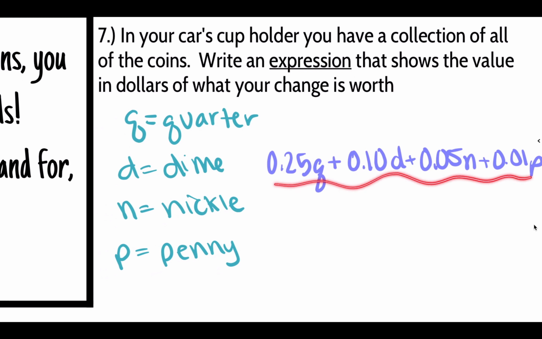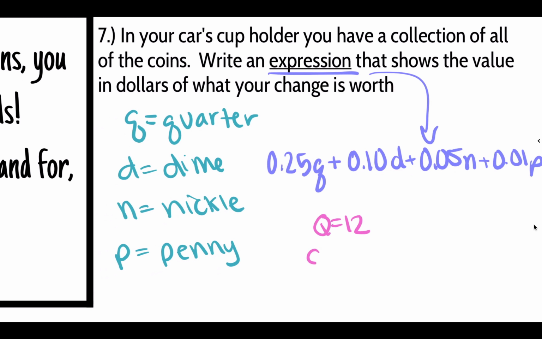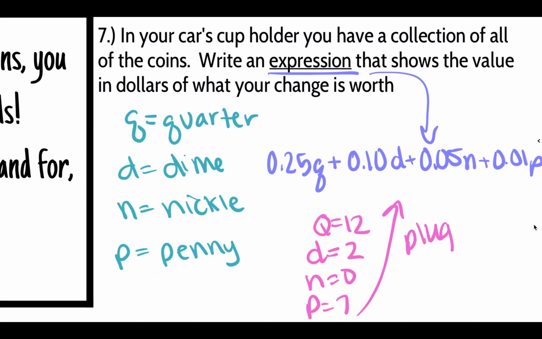So there is our expression. Now, if we had something that said Q equals 12, D equals 2, N equals 0, P equals 7, you could plug it in to find the amount of money in your car. But we don't have to do that, okay?